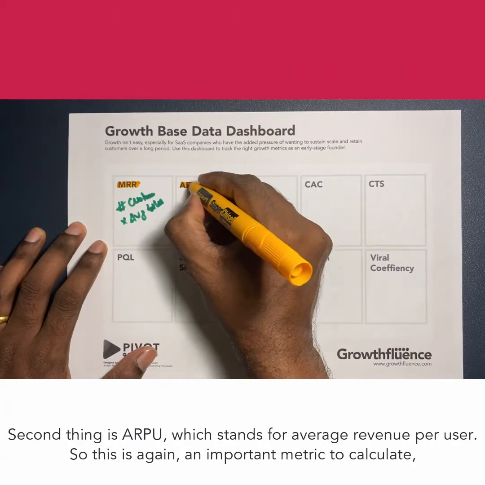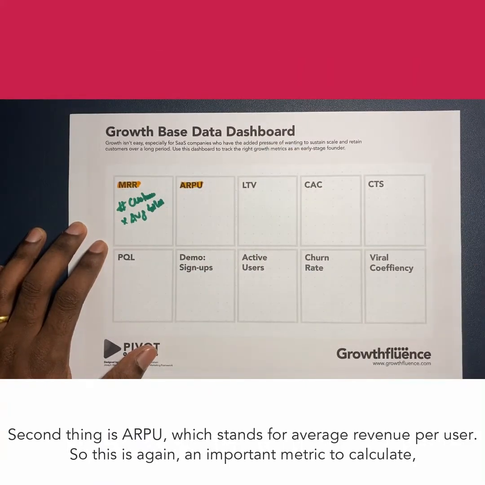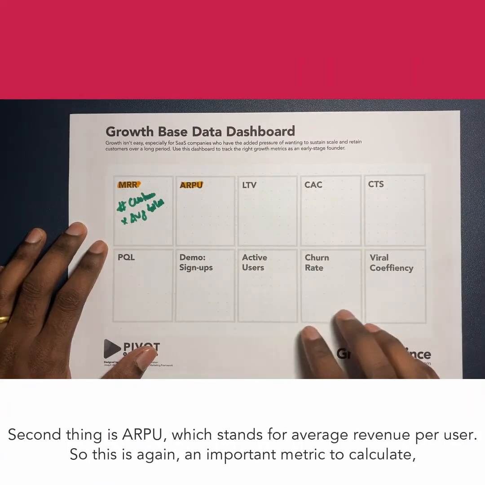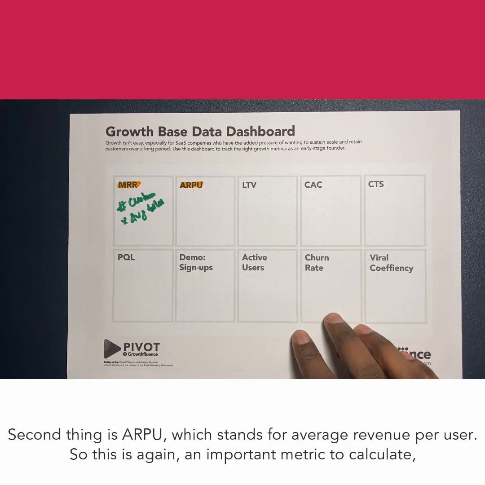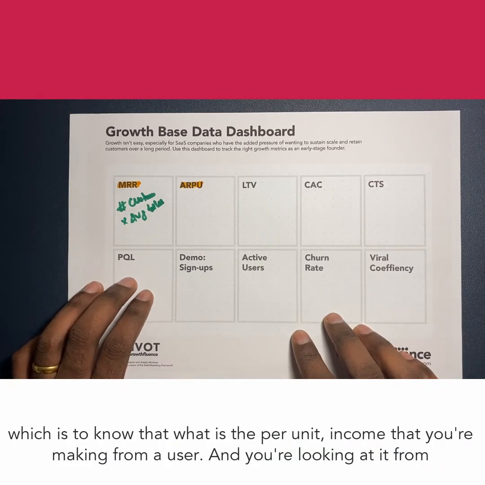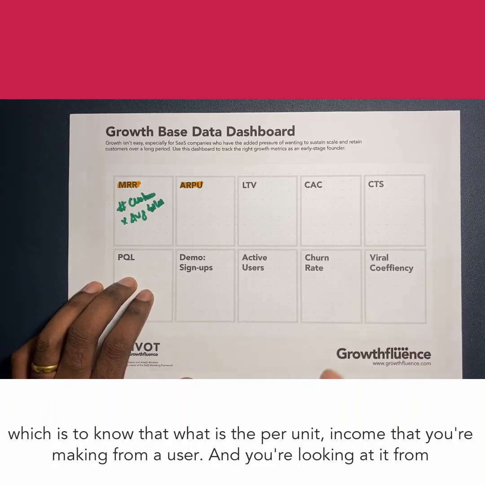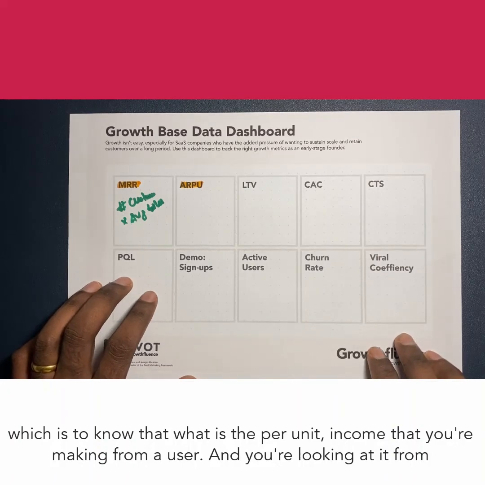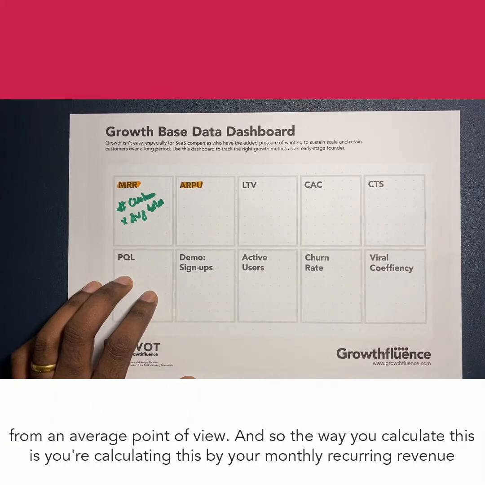Second thing is ARPU, which stands for average revenue per user, right? So this is again an important metric to calculate, which is to know what is the per unit income that you're making from a user, and you're looking at it from an average point of view, right?